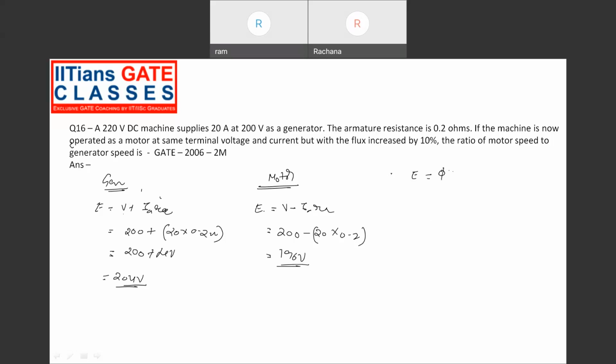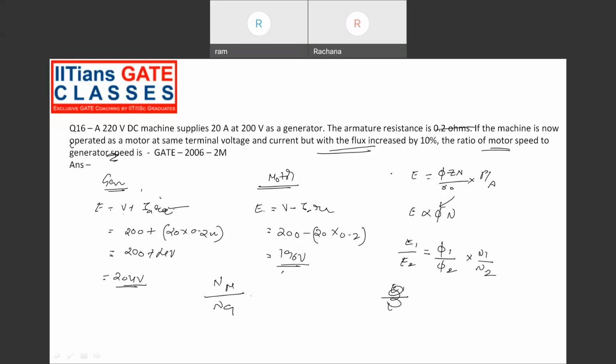That is equal to ϕZNP by 60A, proportional to ϕ into N. But earlier we considered ϕ as constant, but now in this question the actual flux is increased by 10%. E1 by E2 is N1 by N2. What they're asking is the ratio of motor speed to generator speed.